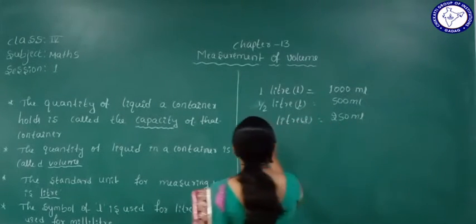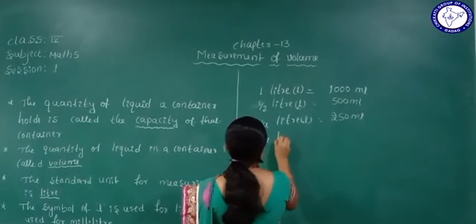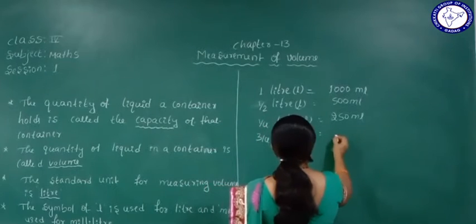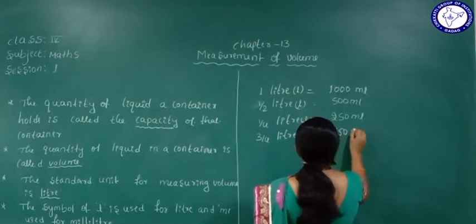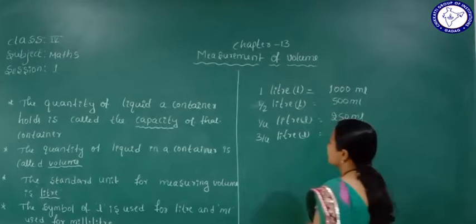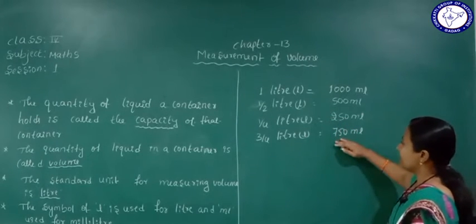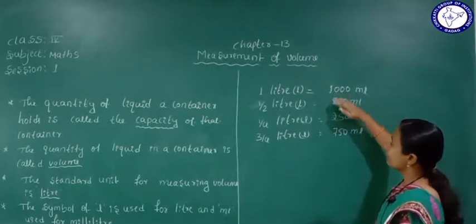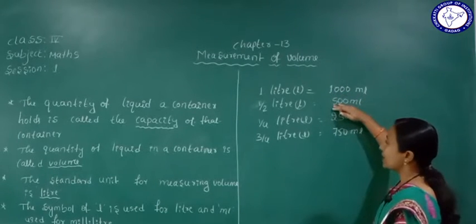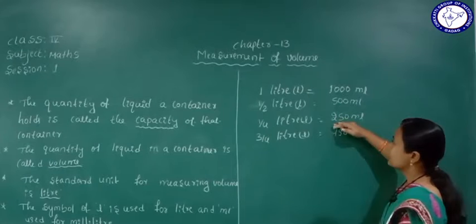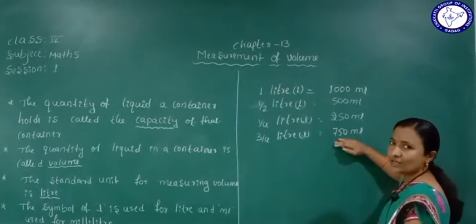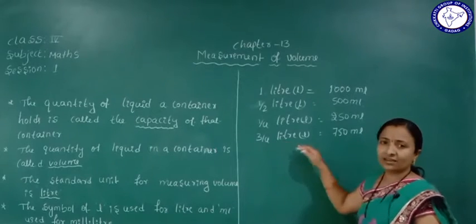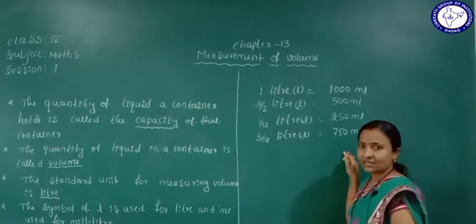Next, 3/4 liter. How much is 3/4 liter? 750 ml. Here 500 plus 250 we get 750. So 3/4 liter we call 750 ml.